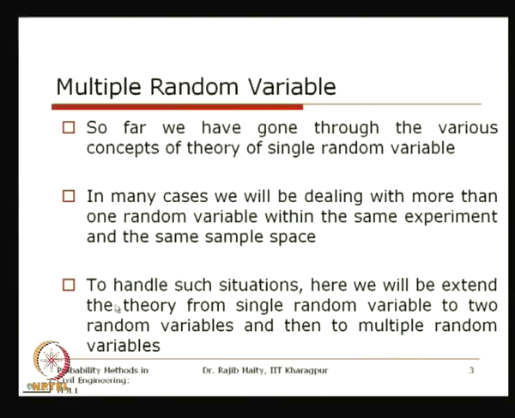The experiment is such that more than one outcome is feasible, and those outcomes are considered in the case of multiple random variables. So to handle situations where there are more than one possible outcome, we will extend the theory from the single random variable to two random variables first, the bivariate case.